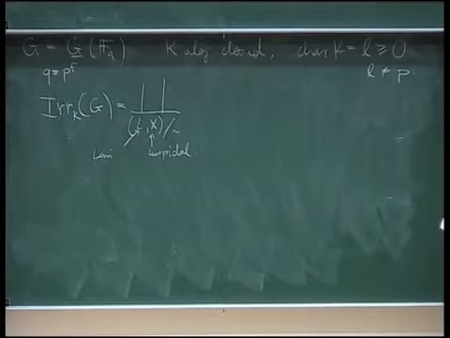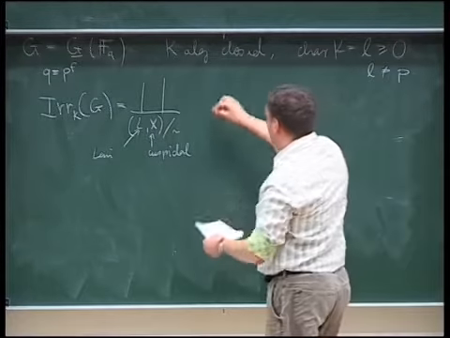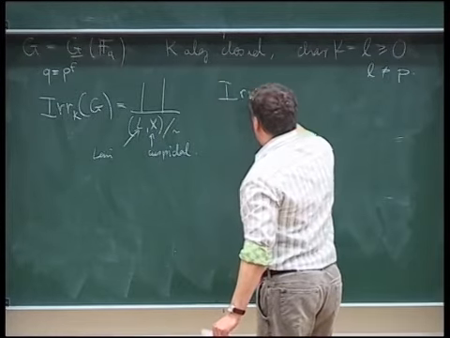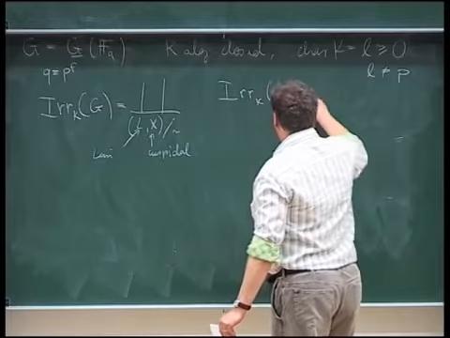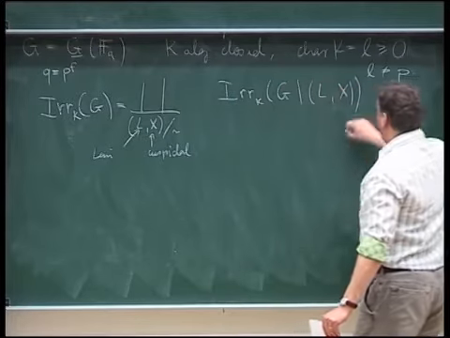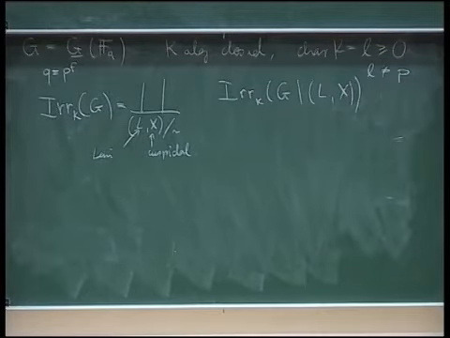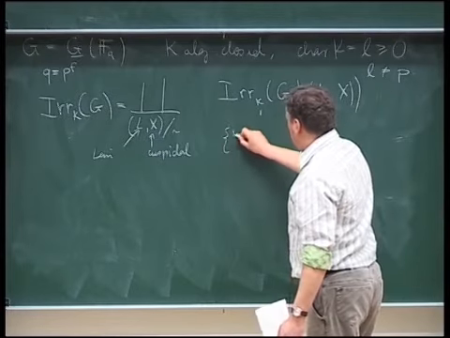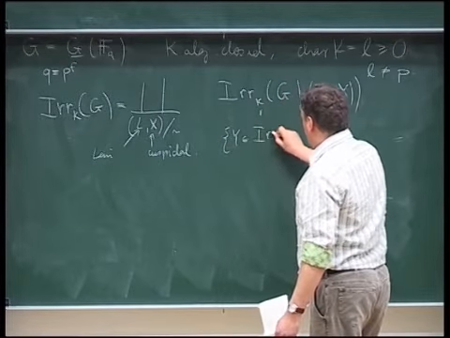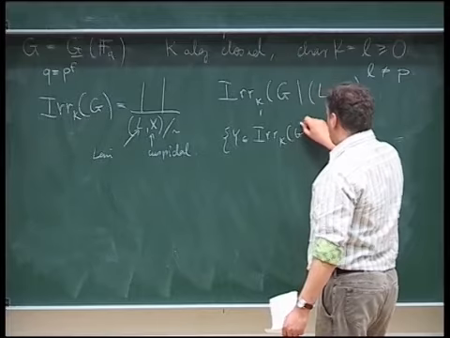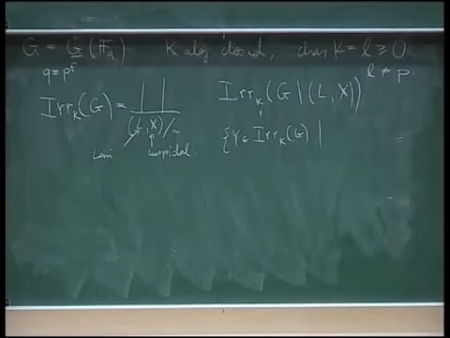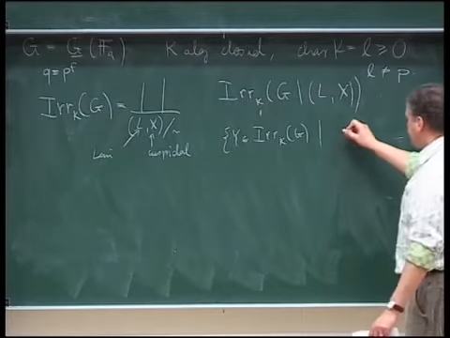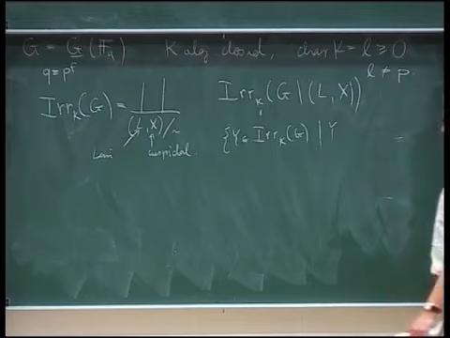and then we denoted these pieces by this notation. So this here was defined as the set of all irreducible representations of G which, well, there were several ways to express this.